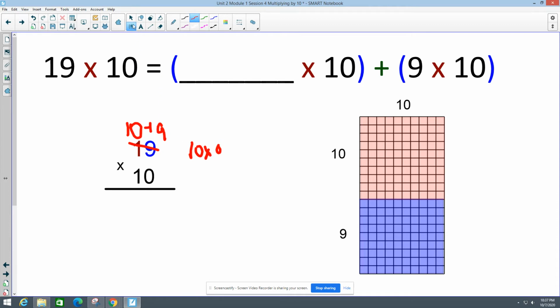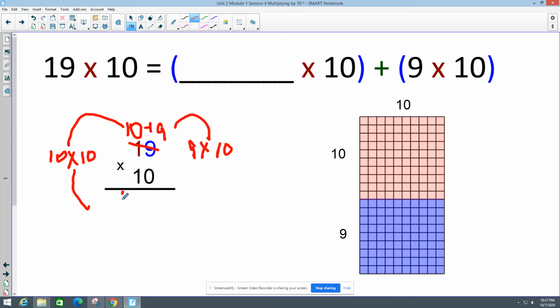I should say 9 times 10. Let me get rid of that. 9 times 10 over here. And then this one was 10 times 10. Sorry, it's sloppy. I'm trying to do this with my mouse. And so that goes here and that goes here, right? So we did our heart method like this.